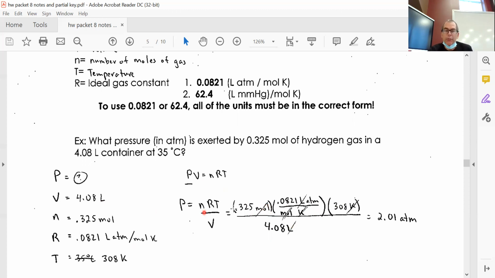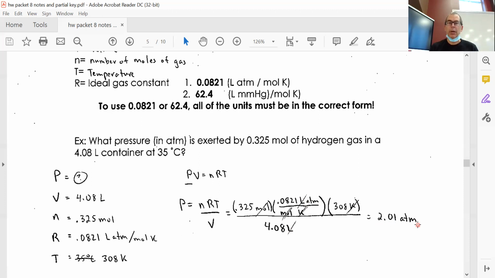So I take my 0.325 moles, I take my 0.0821 liter atmospheres per mole K, I take my 308 Kelvin, which is my temperature, and then I put my volume, 4.08 liters, on the bottom. And notice moles cancels with moles, K cancels with K, and liters cancels with liters. And I'm left with a pressure in atmospheres. So now I know that it's 2.01 atmospheres, which would be twice normal atmospheric pressure for this gas in this situation.